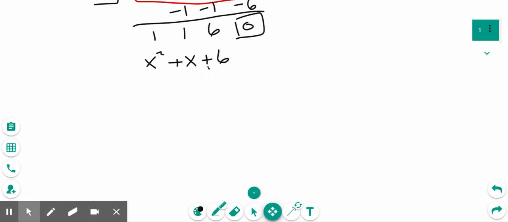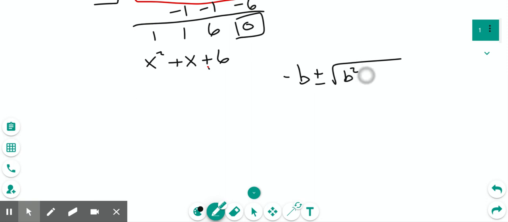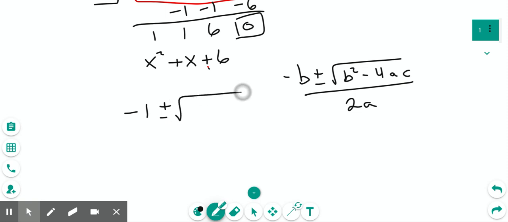So remember the quadratic formula, -b plus or minus the square root of b squared minus 4ac all over 2a. And I'm sure you sung that to yourself as we were going through it. So -b is -1 plus or minus the square root, b squared is 1, minus 4 times 1 times 6.